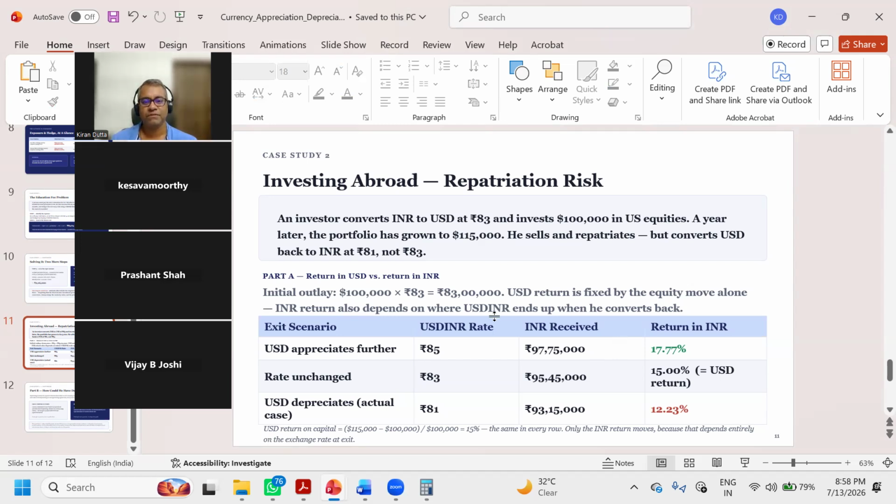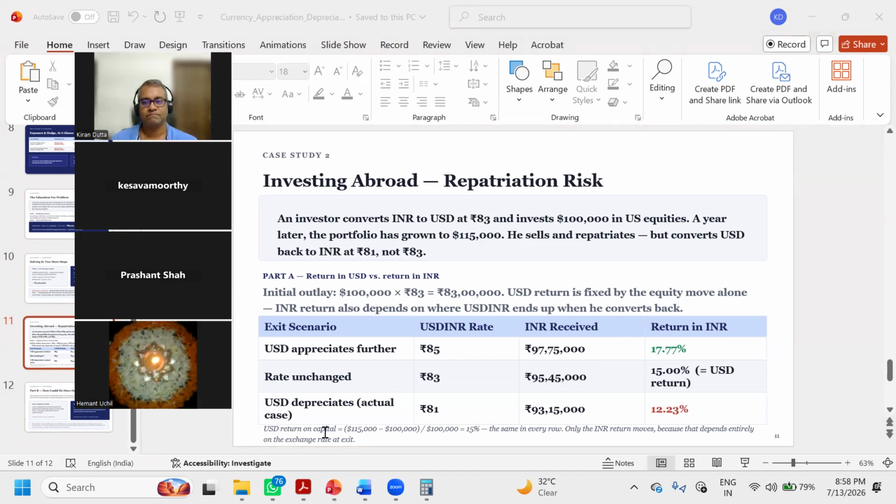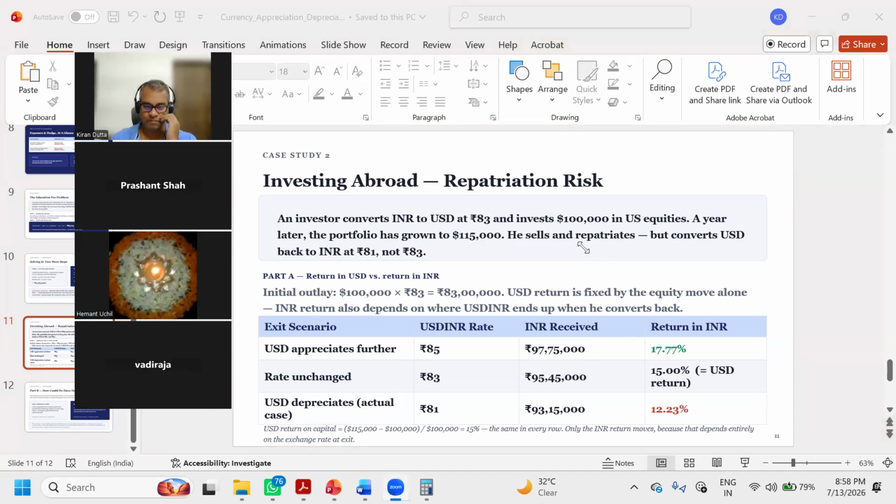So it's $1,15,000 multiplied by 81, and not 83. The dollar price has gone down to 81 from 83.